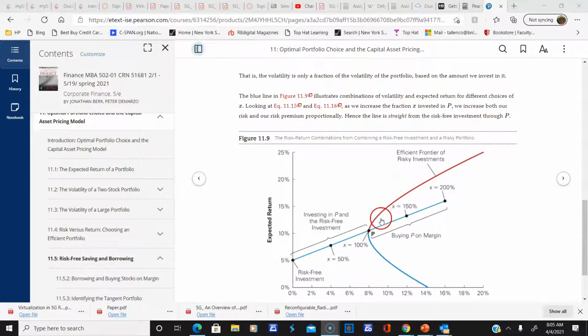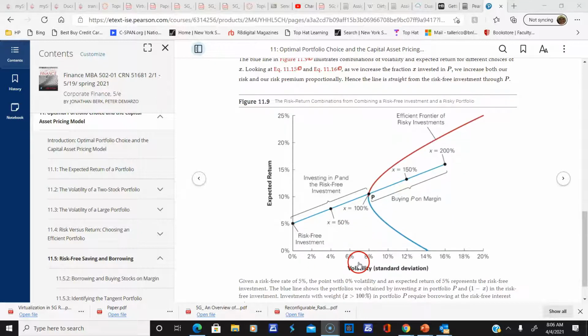All right, you see that, right? Now we're buying on margin. But you'll notice that buying on margin, our expected return could be going up, but so is our volatility. Look at our volatility here. You see that with this blue line? We're on margin from this point on.